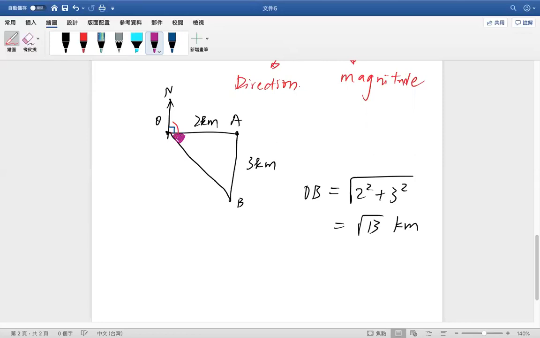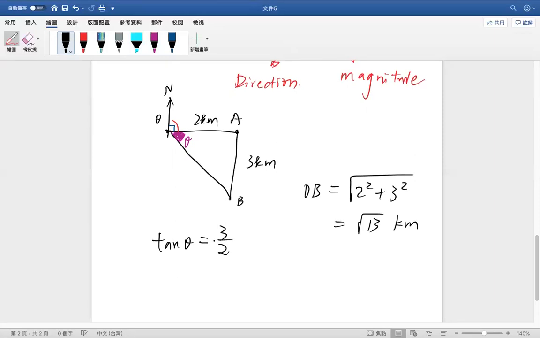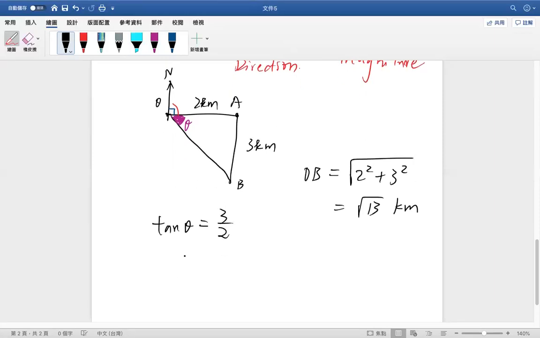Then to find the red angle, you only need to find the purple angle right here. So let's call this theta just for convenience. Then you know from trigonometry, tangent theta equals 3/2, right? Then you can use the calculator and take the arctangent at both sides. You get theta is 56.3.